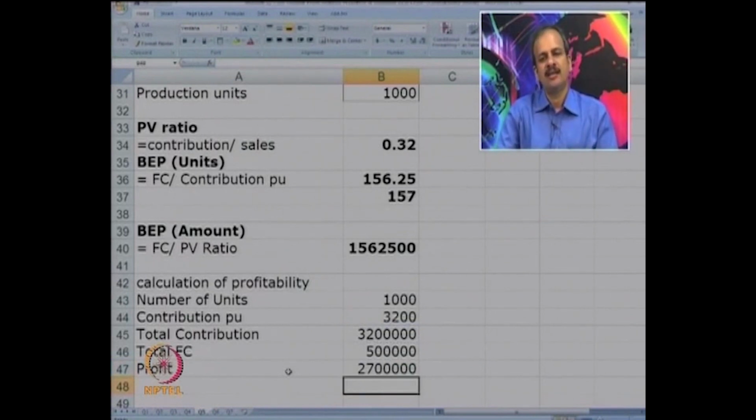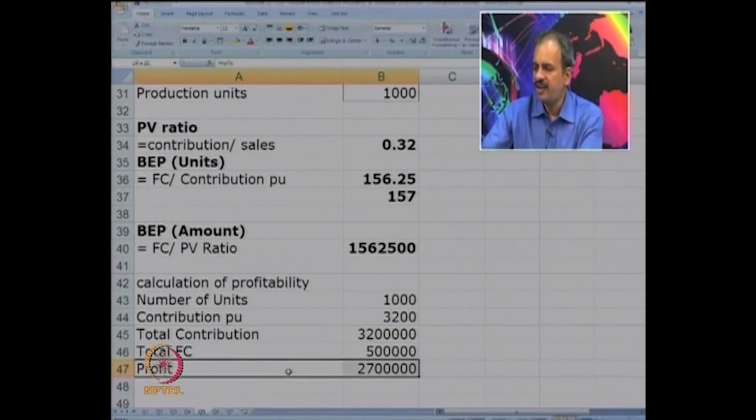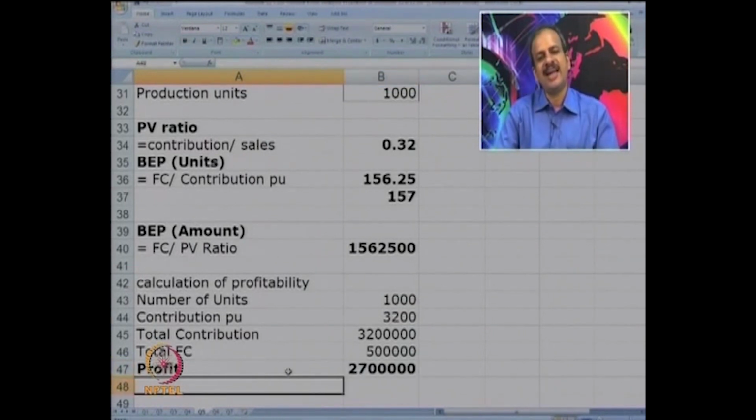Are you getting me? So you can see the total profit is as high as 27 lakhs because company is able to generate a very good contribution of 32 lakhs, of which only 5 lakh is committed as fixed cost.